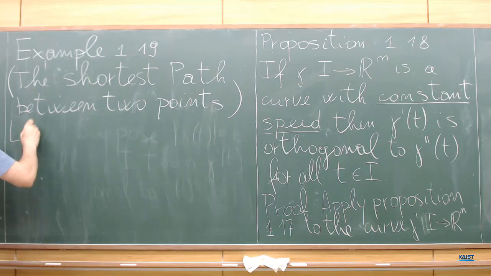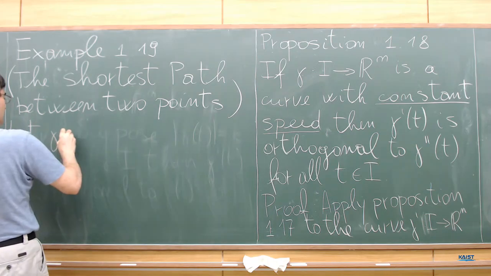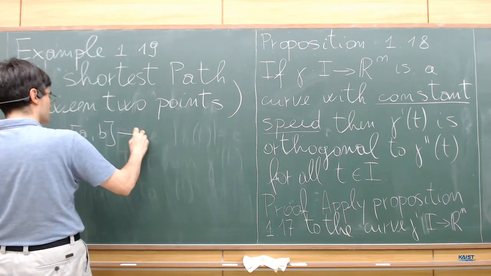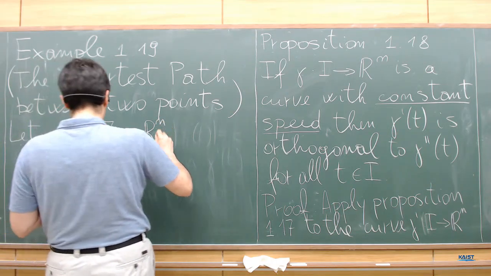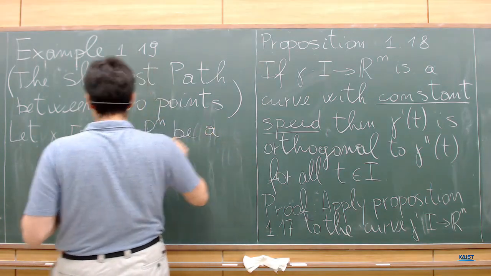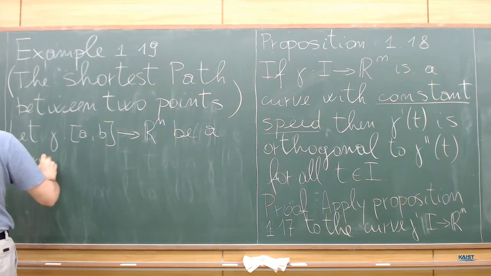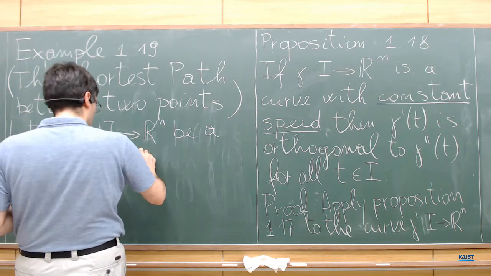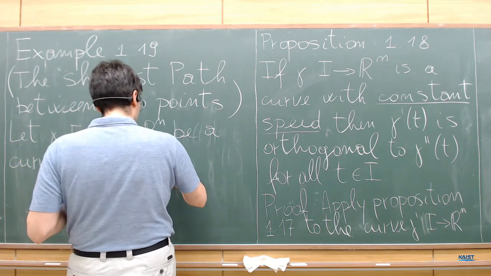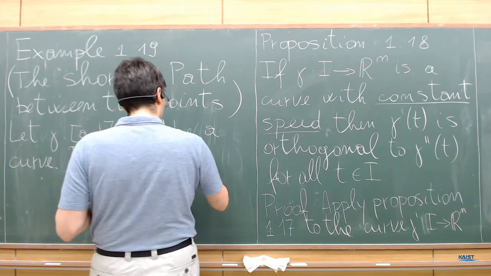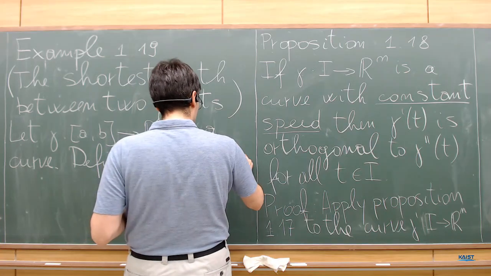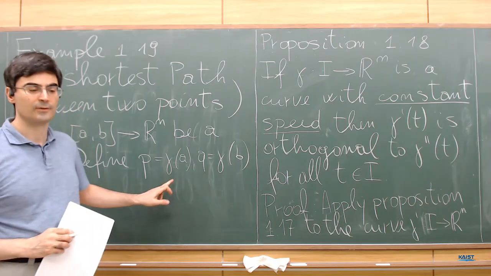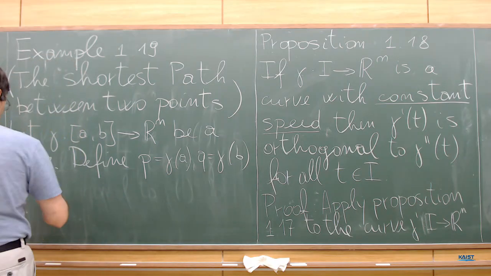So let's take a curve gamma defined on a closed interval [a,b] with values in Rn. Define P to be gamma(a) and Q to be gamma(b). In other terms, P and Q are the endpoints of the curve gamma.